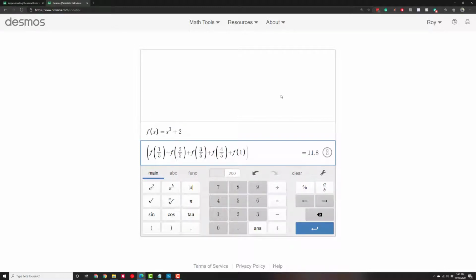And that whole thing was multiplied, don't forget this is very important, by 1/5. And there we have the area is approximately 2.36. And before I head back to my other screen, I just want to give you a heads up, there's another way to compute this. I'm just not doing that right now, but I'll show you in a little bit a better way to compute this.